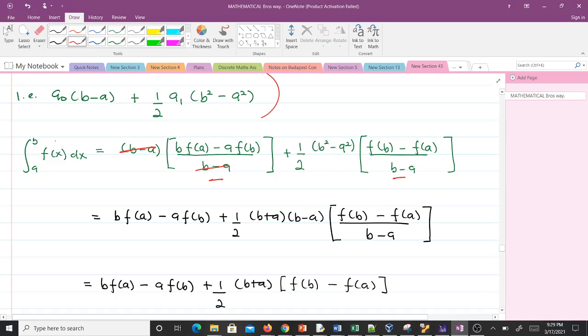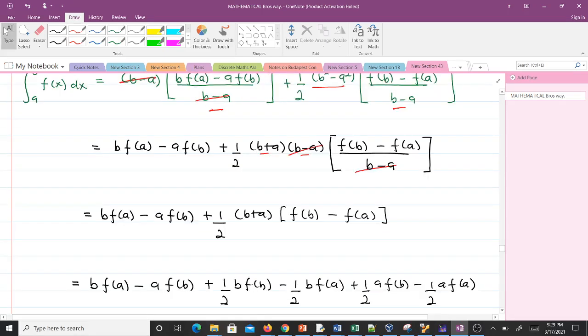Then we'll just be left with b f of a minus a f of b. Then here, this thing here is a difference of two squares. So we can write it in this form: b plus a, b minus a. I hope you get that. Yes. Alright, so when you write it in this form, then this will take this away. Then we'll be left with this thing here. Hope you get that. Alright.